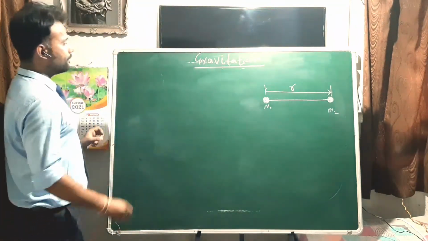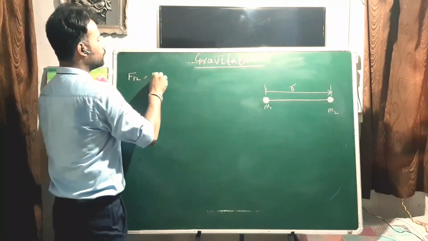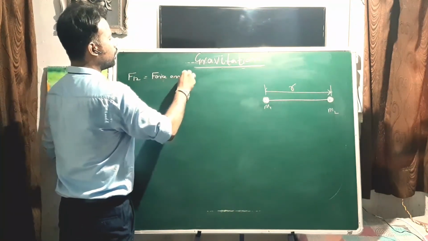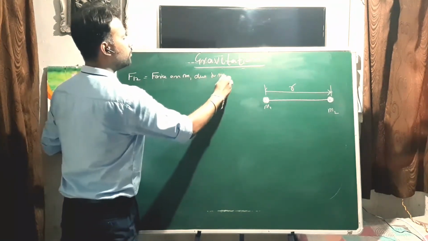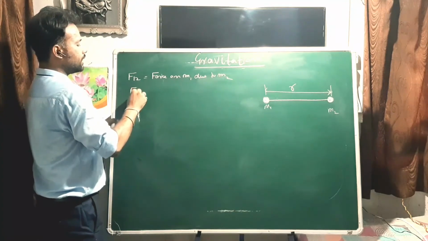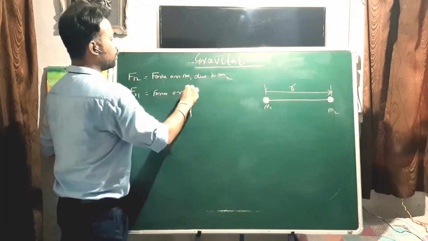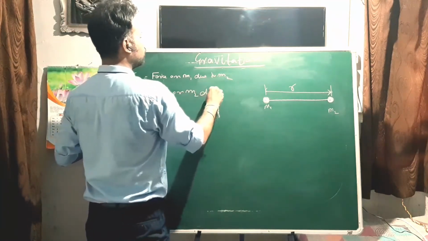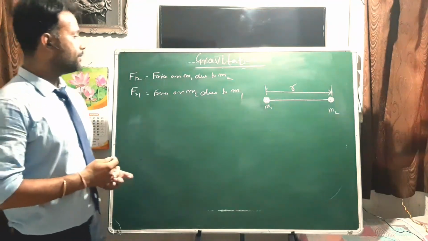Now let's say F12 is force on m1 due to m2, and let's say F21 is the force on m2 due to m1, right?